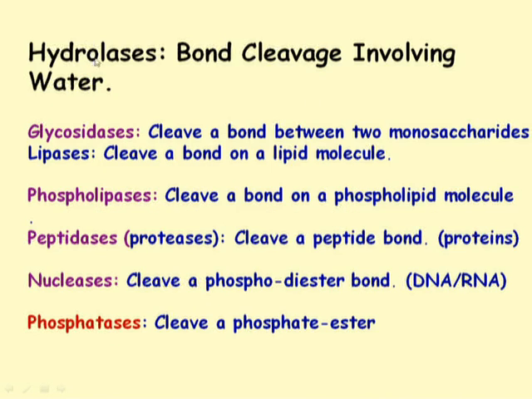Hydrolases are enzymes which cleave bonds by the addition of a water molecule to the bond that is broken. So many types of enzymes are hydrolases: glycosidases, phospholipases, peptidases or proteases, nucleases, phosphatases. They are classified on the basis of the bond that they hydrolyze.